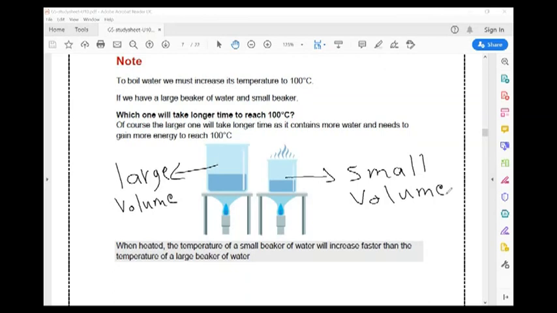Of course, the small one will take a short time to boil, because the small volume of water reaches 100 Celsius degrees faster than the large one. This one will take a long time to reach 100 Celsius degrees, or it will take longer to boil. So a small amount of water boils faster than a large amount of water.